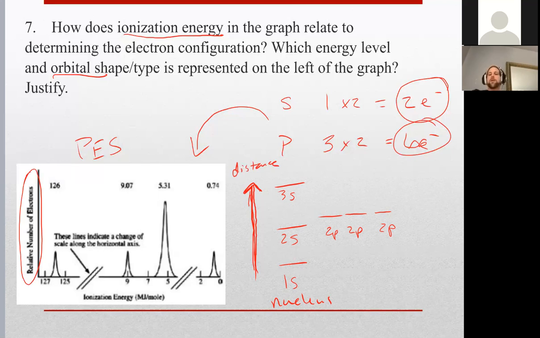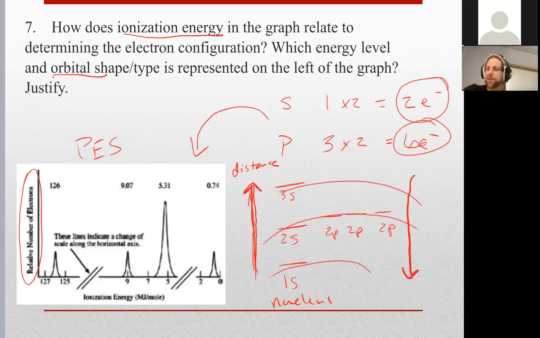So the further you are away from the nucleus, if I can draw some circles to represent these energy levels, kind of like the Bohr model we'd see, the further away the electrons are from the nucleus, the less of a pull they feel from that nucleus. So in terms of binding energy, the ones that are the closest to the nucleus should have the greater binding energy, because they're going to feel the nuclear pull more.